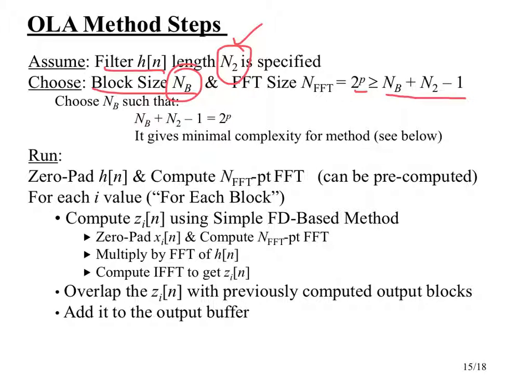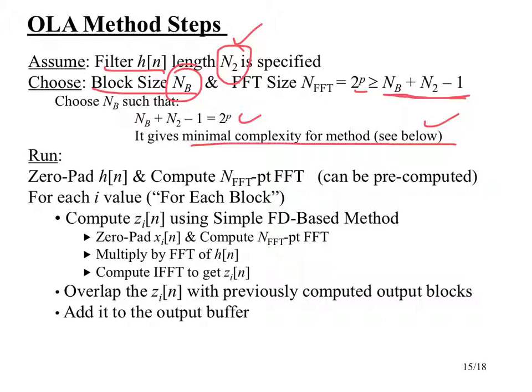So we'll pick some power of 2, 2 to the p, that is at least as big as NB plus N2 minus 1. So we pick that equal to some power of 2, and that helps us out in the complexity. So I say see below. We'll discuss that issue when we talk about the FFT later.